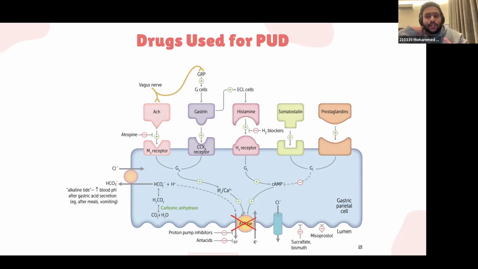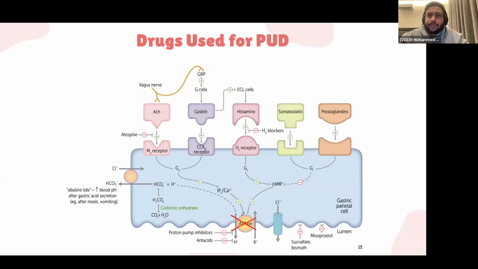However, you can give it once a day. Why? Does it inhibit reversibly or irreversibly? It's irreversible. So it takes around 24 to 36 hours for the proton pumps to regenerate and come back. That's why this mechanism is important.